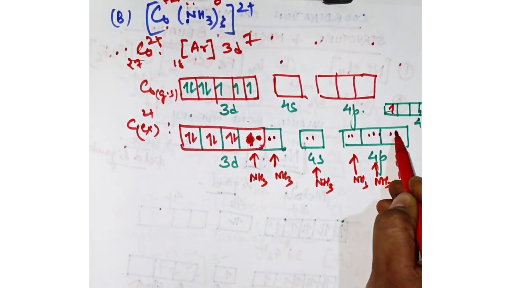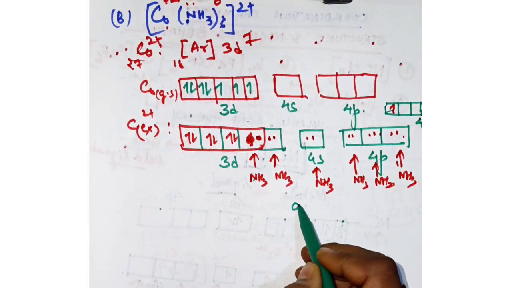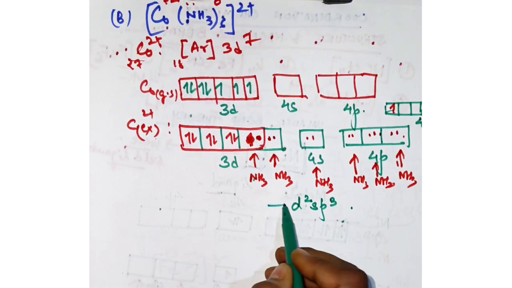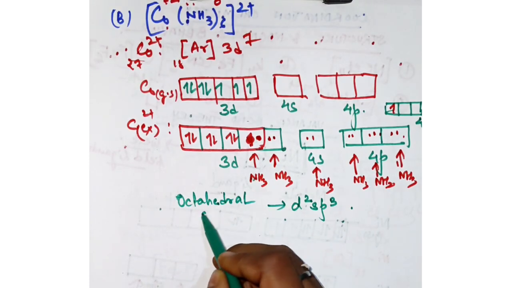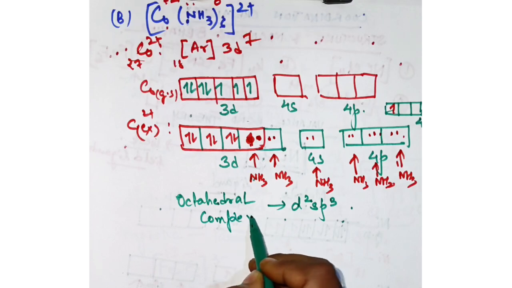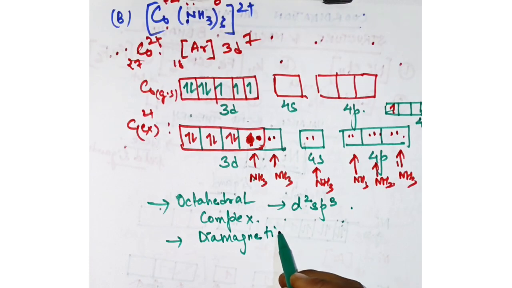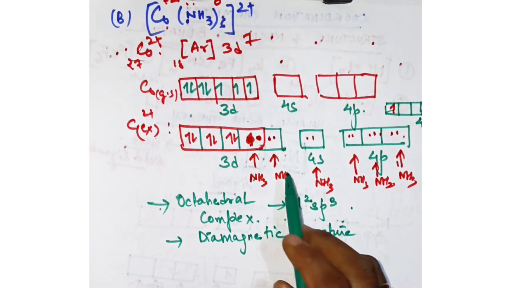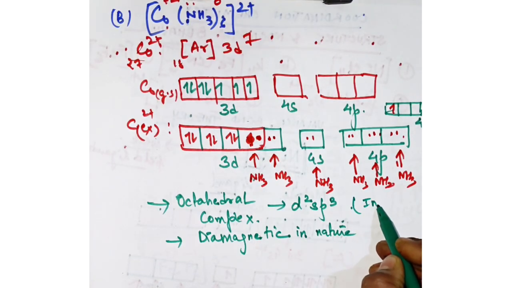Because it is a strong field ligand, it is forming d2sp3. So it is your octahedral complex, and it is diamagnetic in nature. Because it is taking two orbitals of inner d, it is an inner orbital complex.